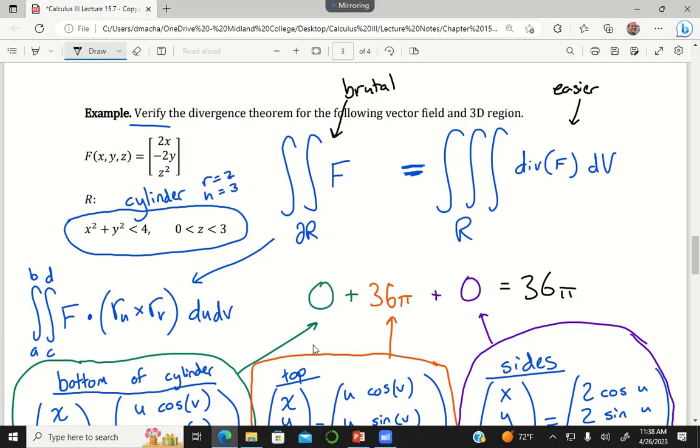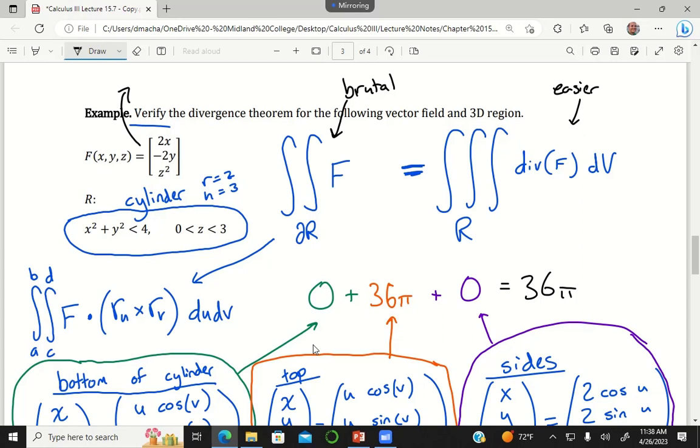Okay. So, divergence of f. What's the divergence of this vector field? What was it? Opposite triangle? The little nabla operator that tells you to take the partial derivative of the first entry with respect to x, and the partial derivative of the second entry with respect to y, and the partial derivative of the third entry with respect to z, and then add up those three terms.